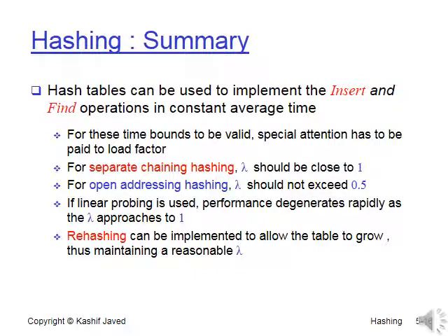For open addressing hashing, lambda should not exceed 0.5. If linear probing is used, performance degenerates rapidly as the load factor approaches 1. Rehashing can be implemented to allow the table to grow, thus maintaining a reasonable load factor lambda.